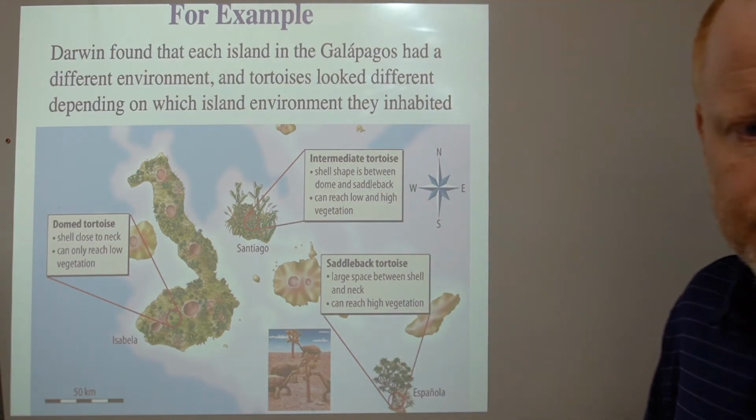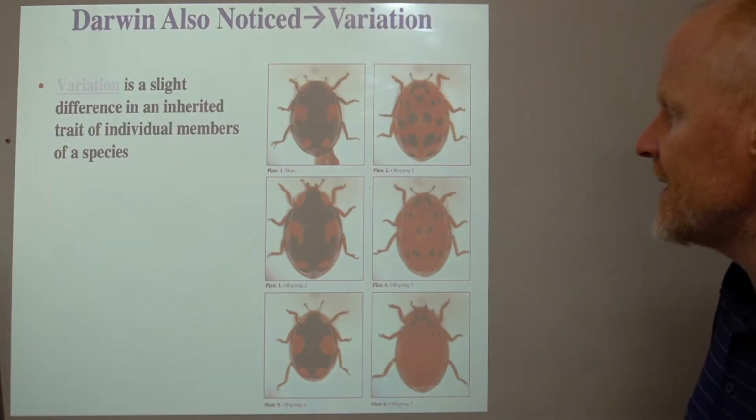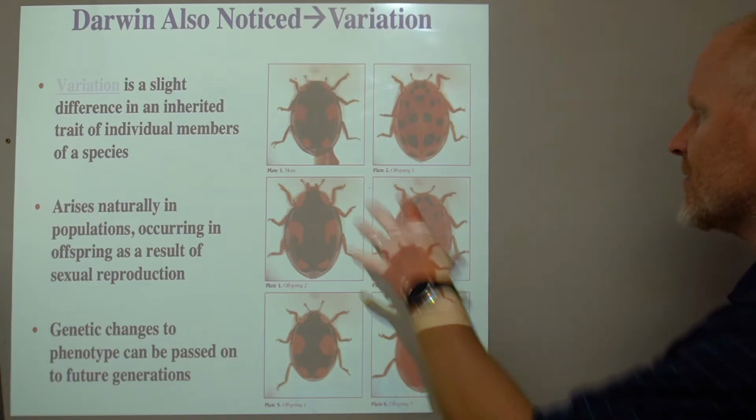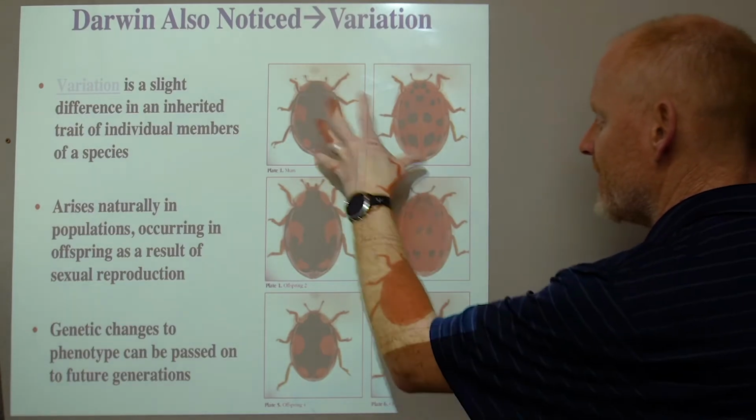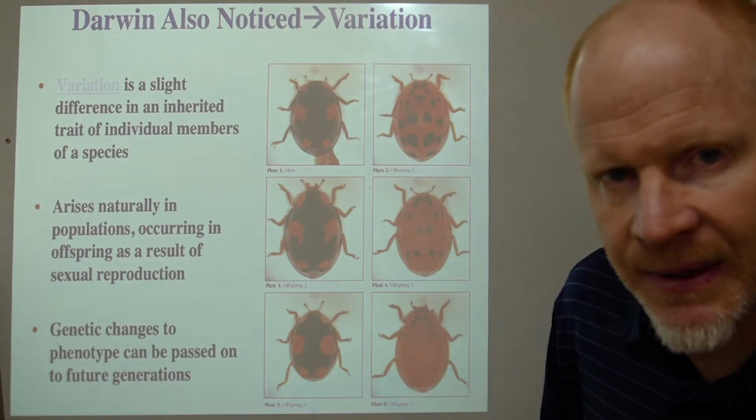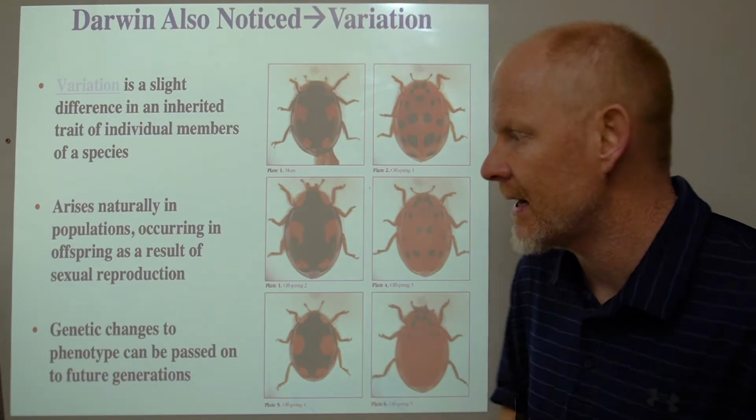He also noticed, just like what they did with the tortoises, that most species have variation within their populations. And so these are just ladybugs, and you can see there's tremendous variation in what ladybugs look like. This variation is really important in phenotype because that's what selection works on, right?